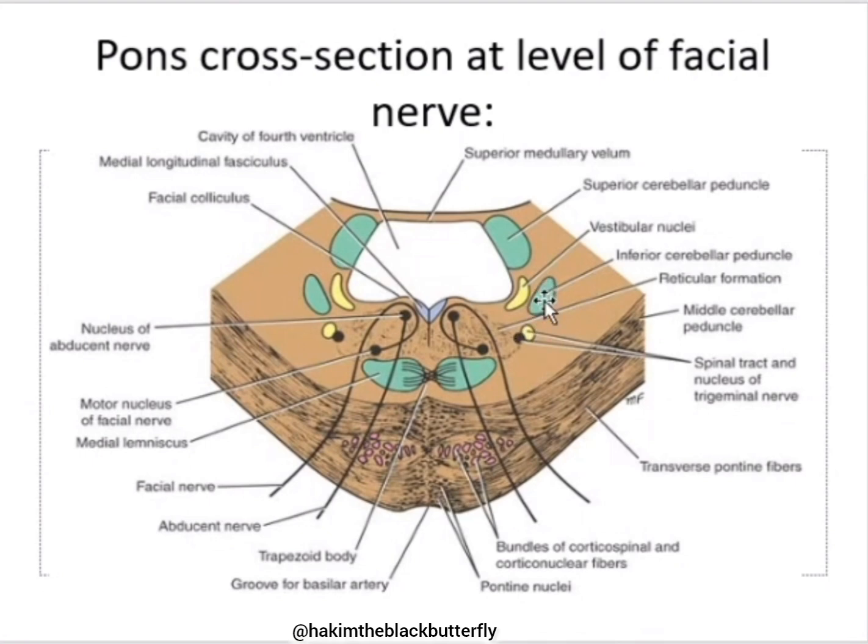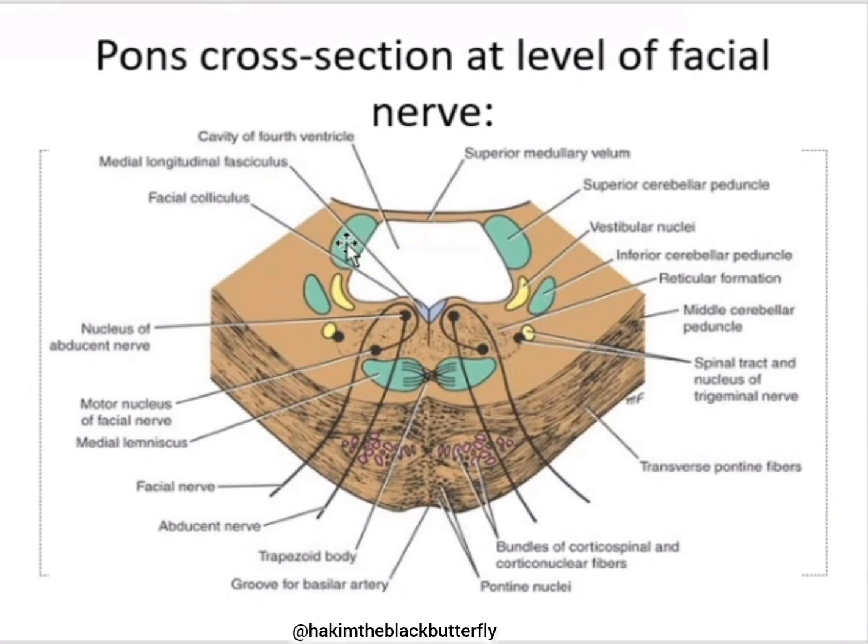The inferior cerebellar peduncle, we saw it. And then the vestibular nucleus, part of the vestibulocochlear nerve. Then the cavity of the fourth ventricle, and then the superior cerebellar peduncle.